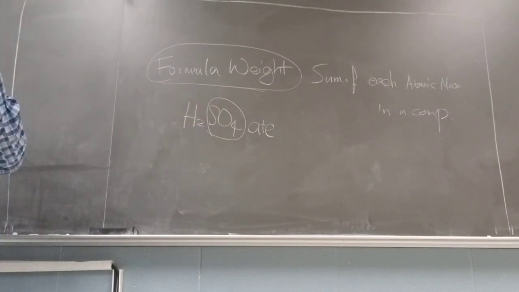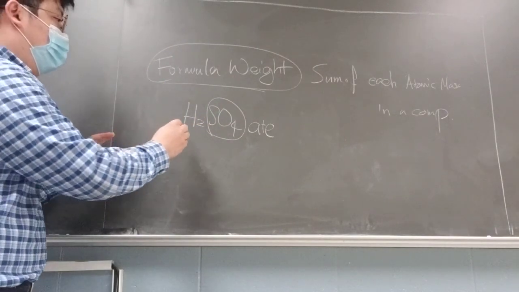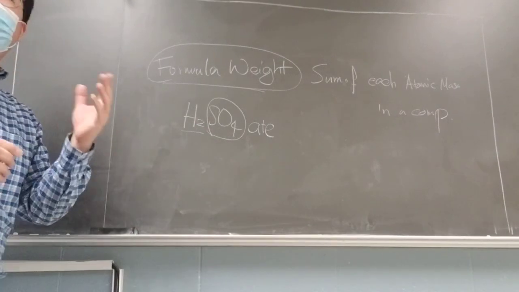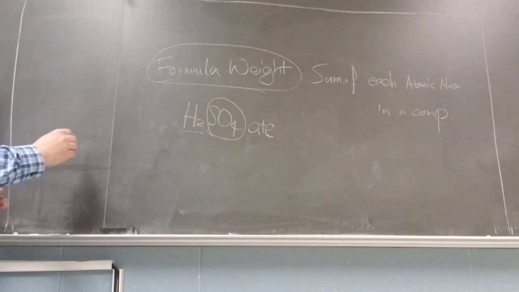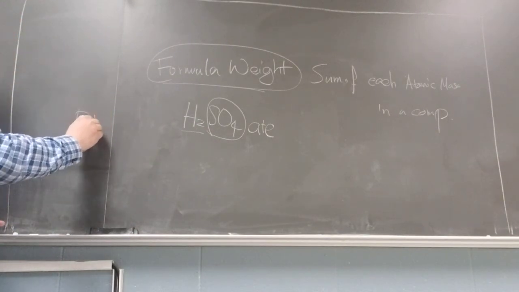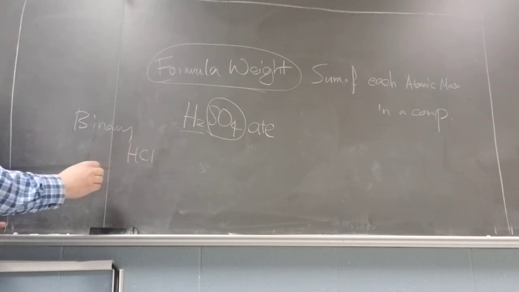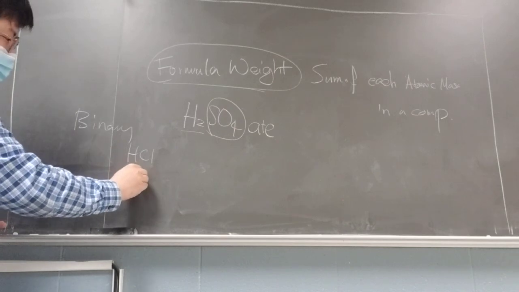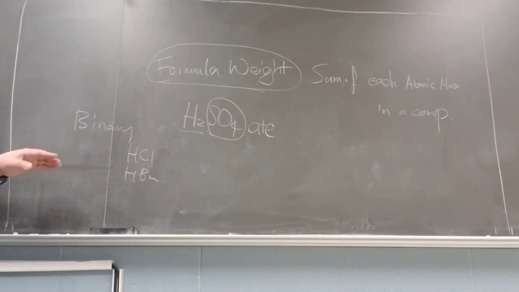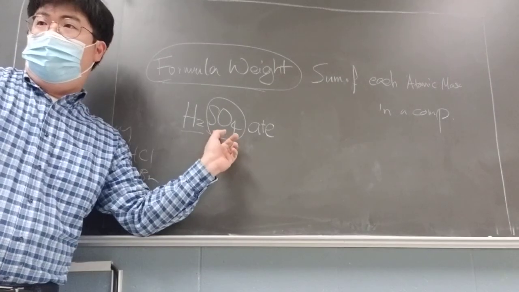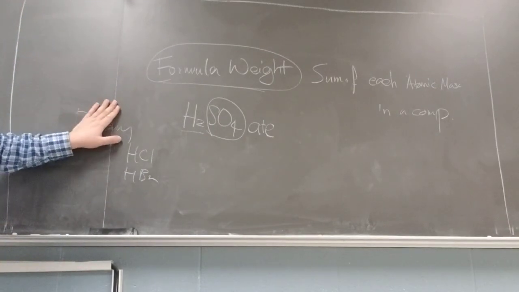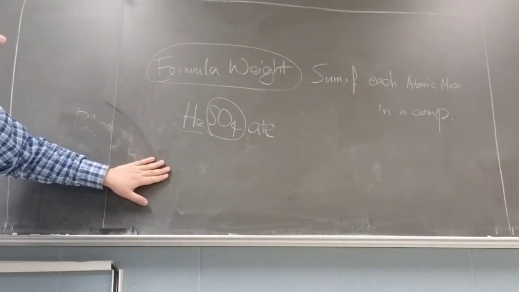When you do the hydro something, meaning is when it's only one, the binary. So binary means hydrogen and a halogen, hydrogen and one other element. But this is a polyatomic anion, so you don't have to do hydro. It's going to be sulfuric acid.